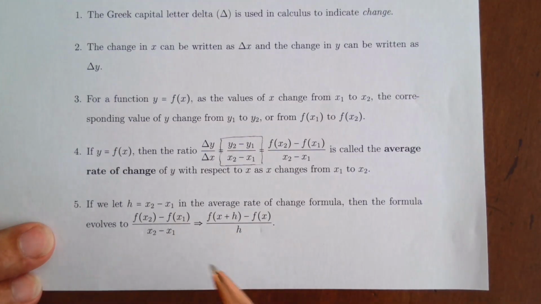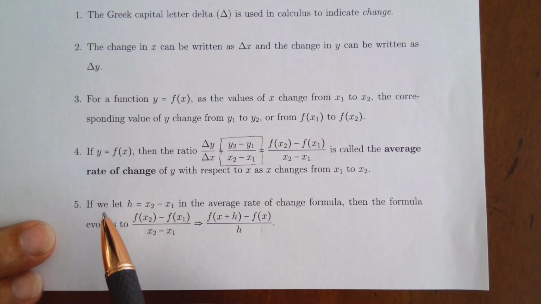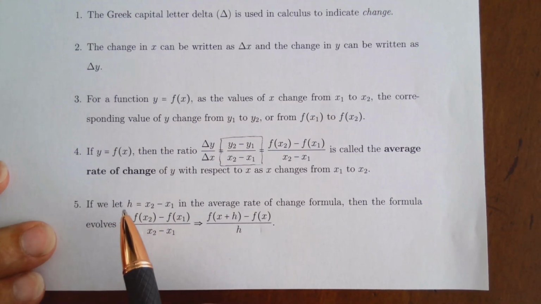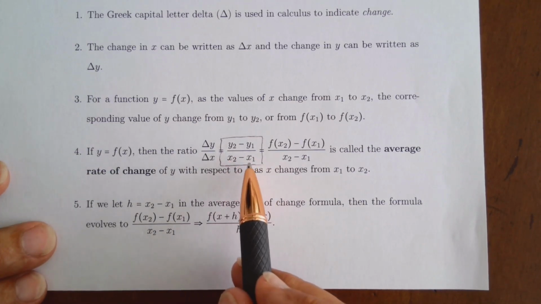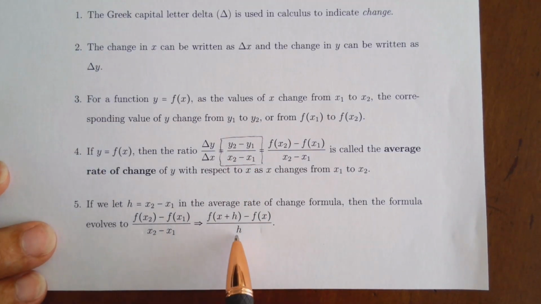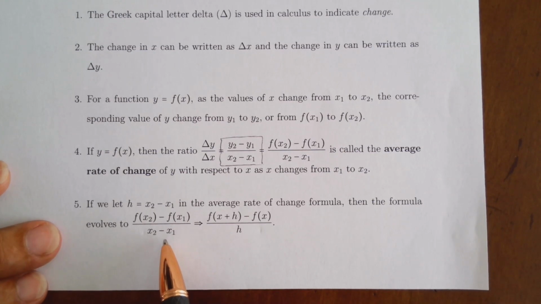All right, and then number 5 says, okay, here's where some of the new part comes in. If you let h equal x2 minus x1, okay, so notice the denominator is x2 minus x1, so we're going to let that equal h, okay? So you need to remember in your head that h is always the change in x, okay?